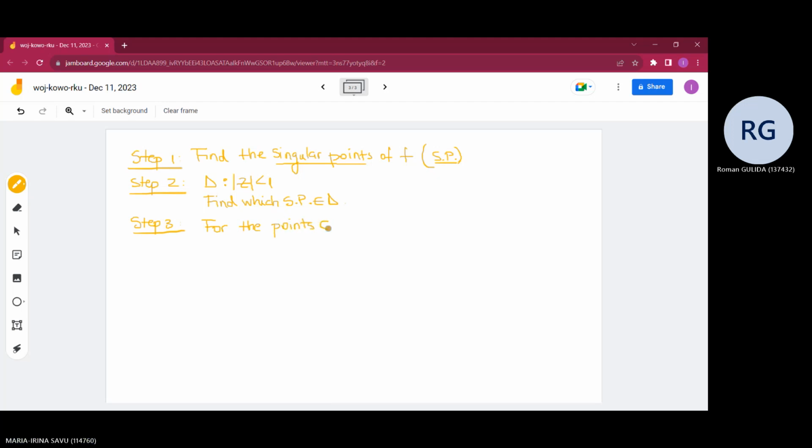For the points in D, compute the residue of f. Step 4, I is the sum of residues computed in step 3.